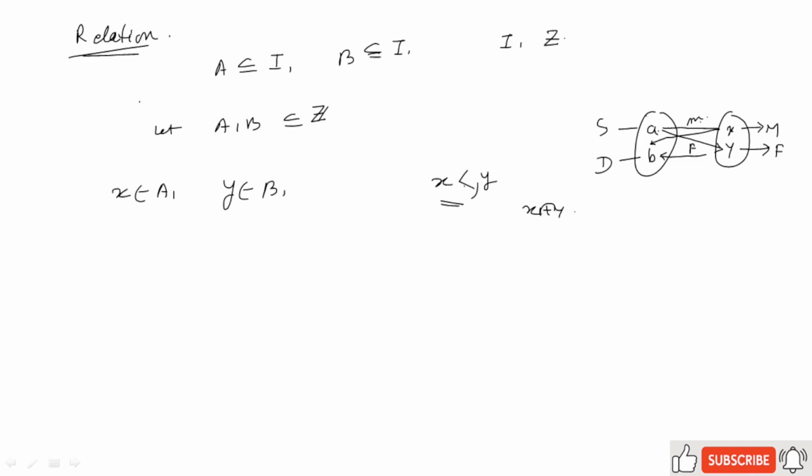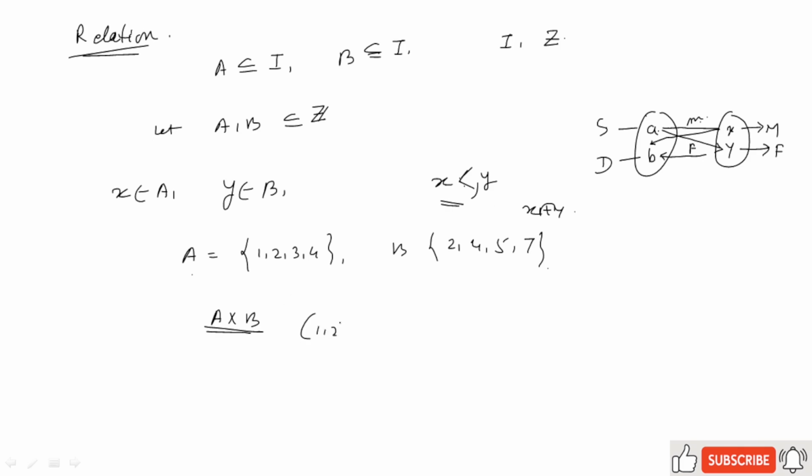Then suppose A is {1, 2, 3, 4} and B is, let us suppose, {2, 4, 5, 7}. Then how many ordered pairs from the Cartesian product A cross B satisfy this condition, that means x less than y?